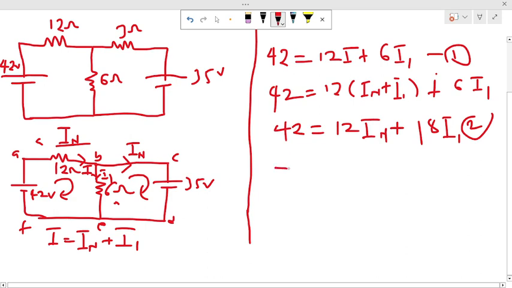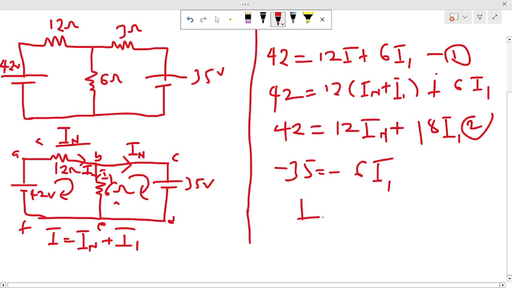So we have negative 35 to be equal to the voltage drop across this. Now we are moving in this direction, so it means that this potential drop will be negative. It will be negative because we are moving in this direction and the current is moving in this direction. So represented by negative 6 I1.